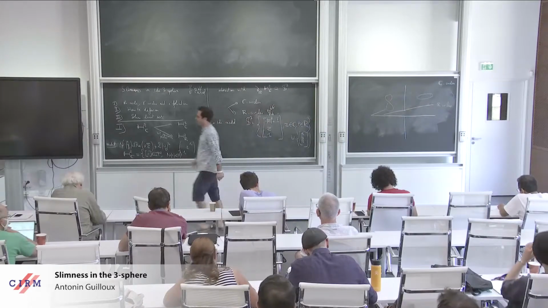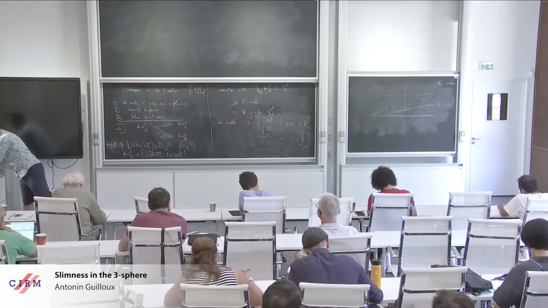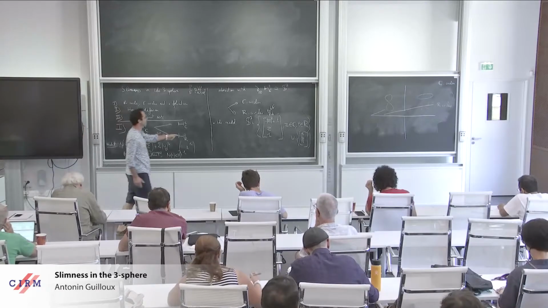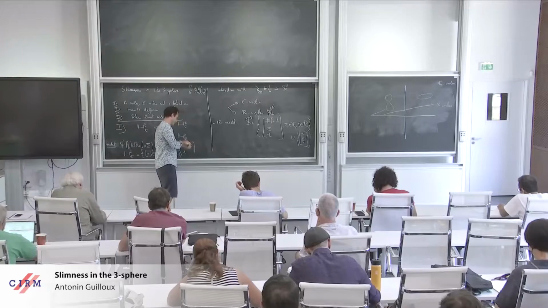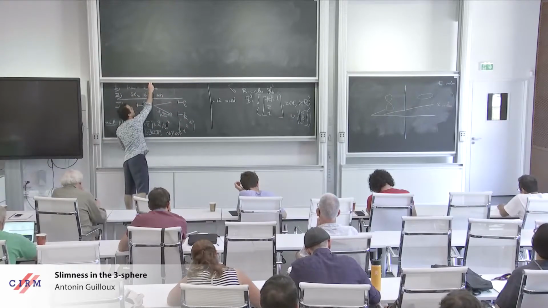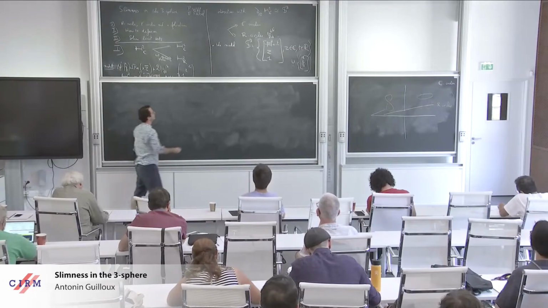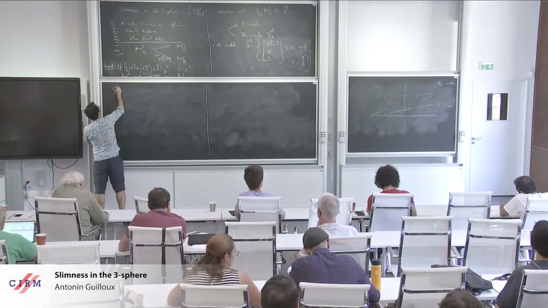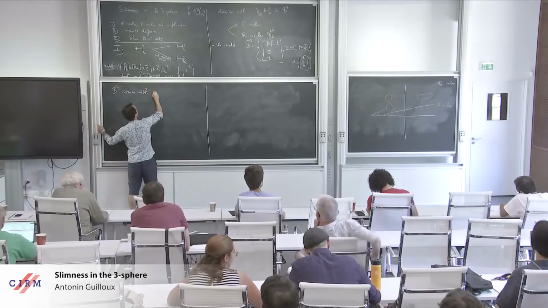And okay, another very important object that this situation gives is a CR structure on the sphere. So what is this?